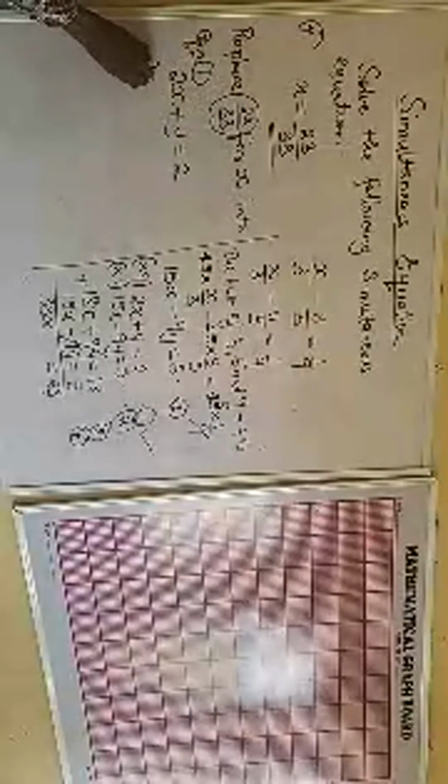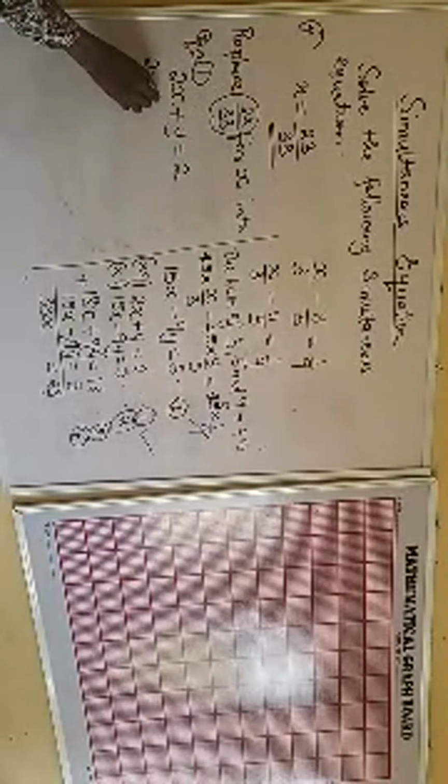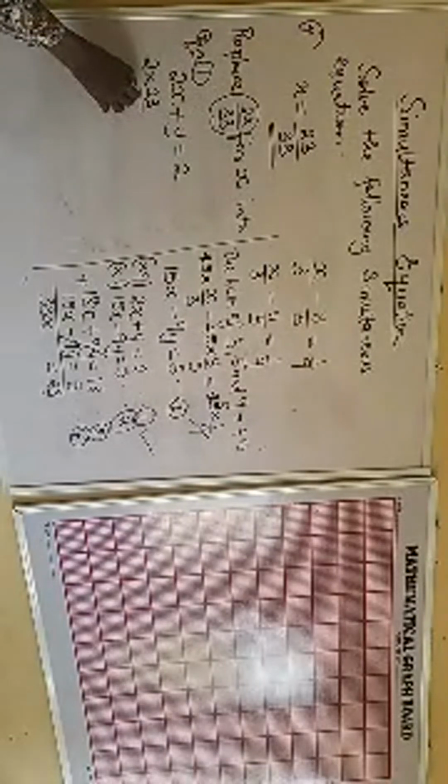And what is x? Look at x here. So 2 times 23 over 33 plus y is equal to 2. Now, this times this gives us 46 over 33 plus y is equal to 2.